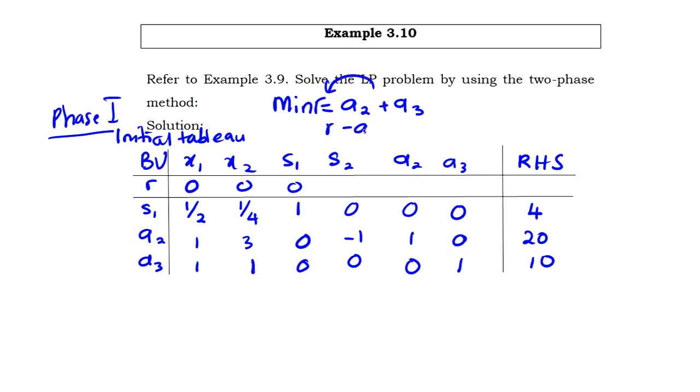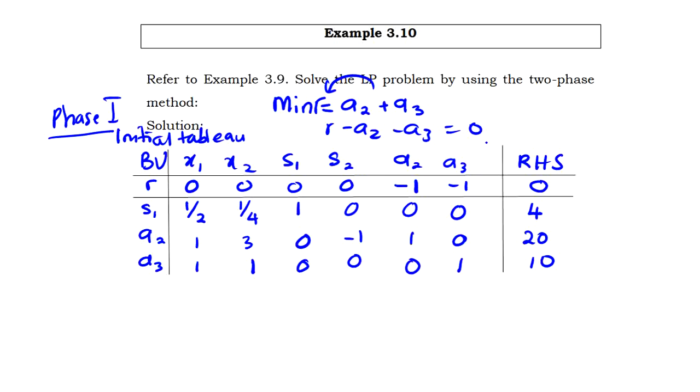So R minus A2 minus A3 equals 0, right? Okay, 0. And then we have -1, -1, and 0. So for this case, we notice that A2 and A3 are BV, but the coefficients in row 0 are not equal to 0.